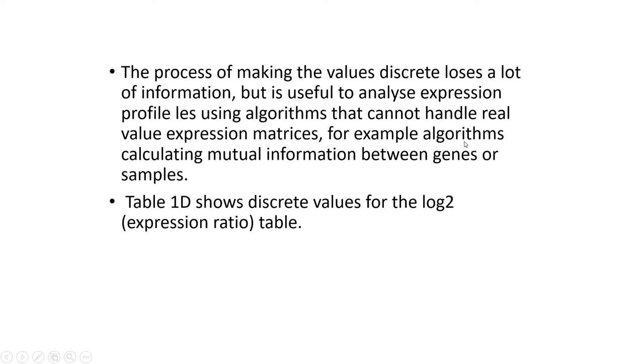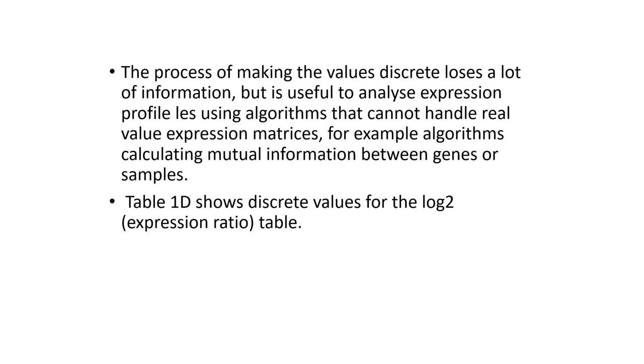It is easy to map between this space like -1, 0 or 1. For example, algorithms calculating mutual information between genes or samples. In that case it is useful if data is too large or data shows different values, sometimes it is 4,000, 2,000. So values that are above 1 we have considered as a 1. So it is easy to analyze.